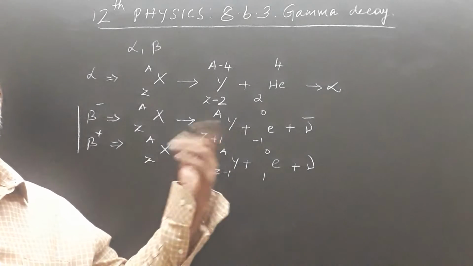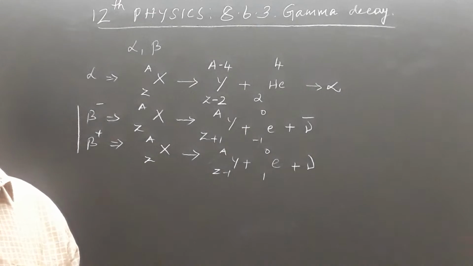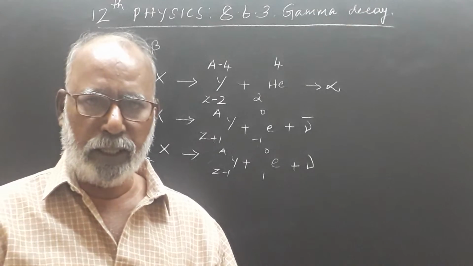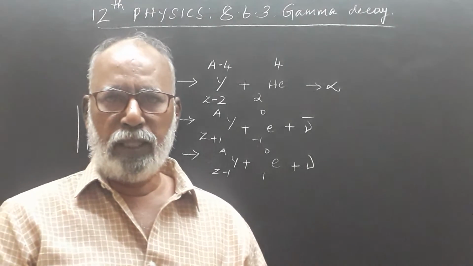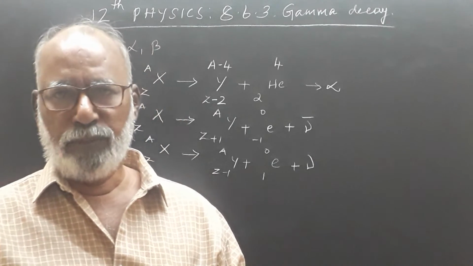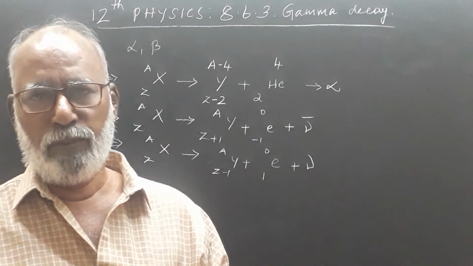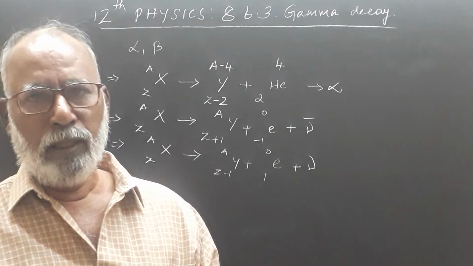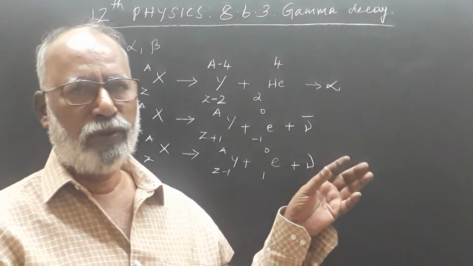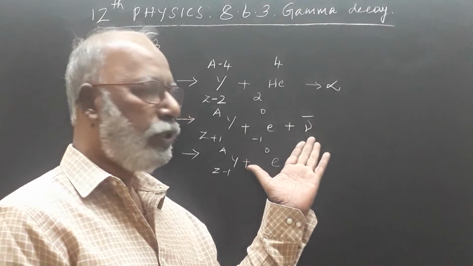One is emission of electron and another is emission of positron. Both are considered as beta decay. Both have the same mass and same magnitude of charge, but opposite in sign.